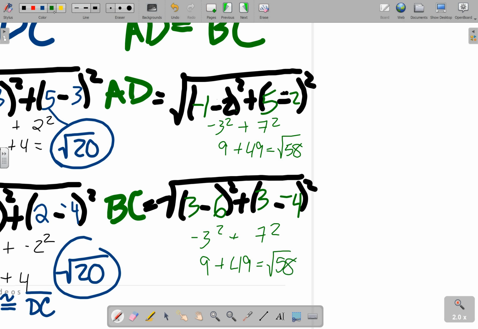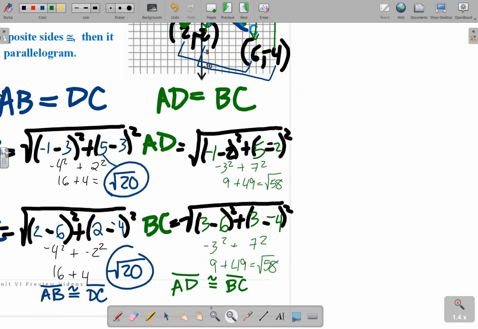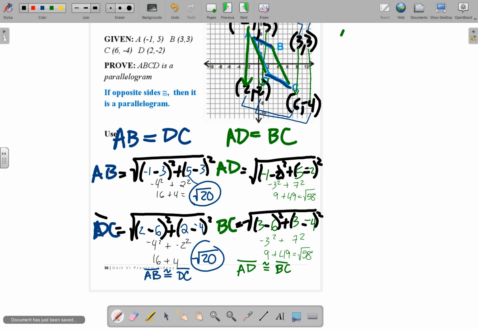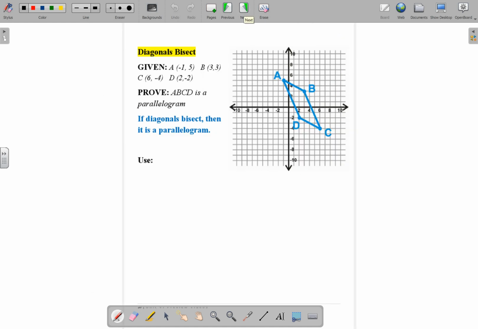Once again, mathematically, you have proven the fact that AD distance to BC is the same, which means the segments are congruent. So we have proved that that is a parallelogram. Once again, you have math and you have the meaning of your math. Math and meaning.